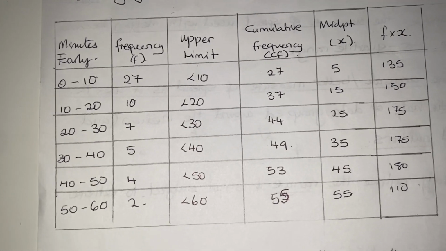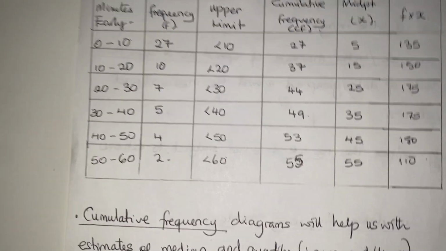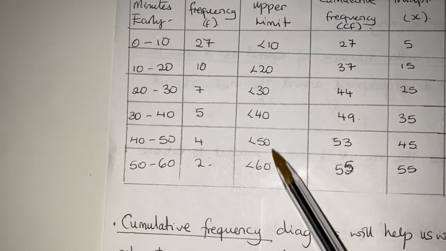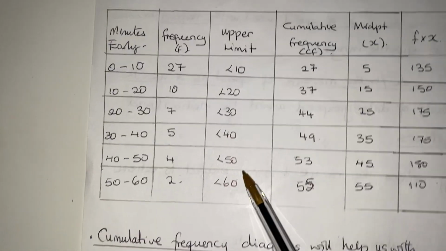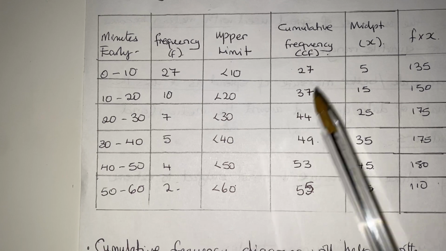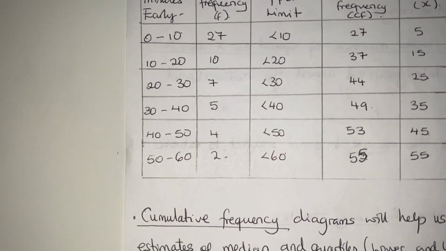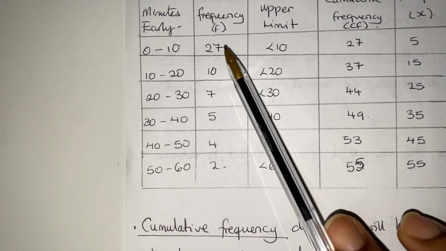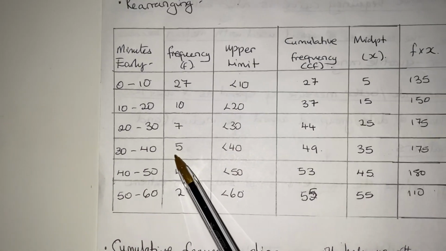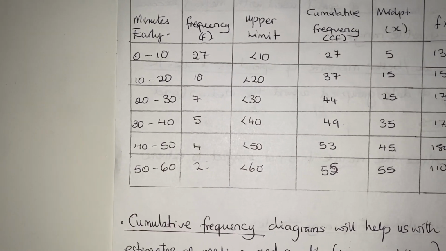So that's what you are going to plot, this column here, on your x-axis. Now the cumulative frequency: this is your frequency, so you compound it.